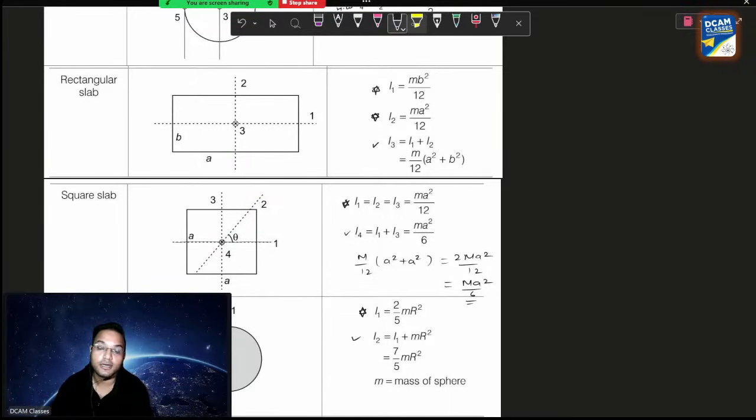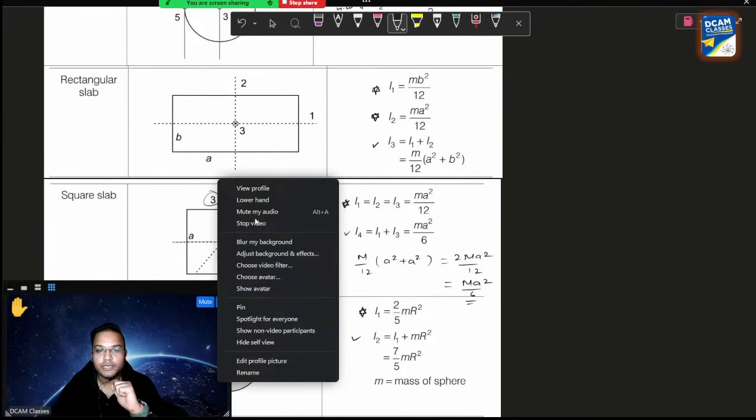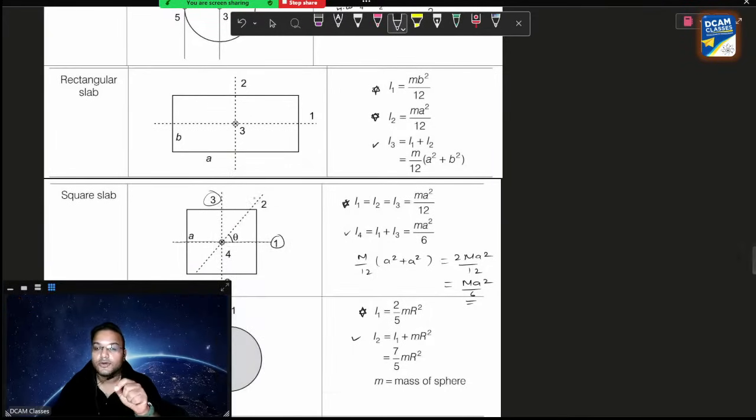But in the case of square, this will work because about axis 1 and about axis 3, this square slab is symmetric, like we used to do. But here in the rectangular slab you cannot. That's why you are getting different results.